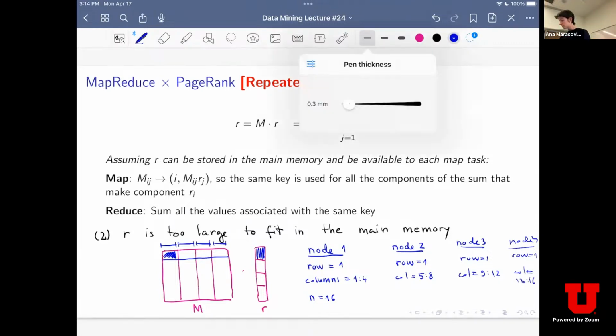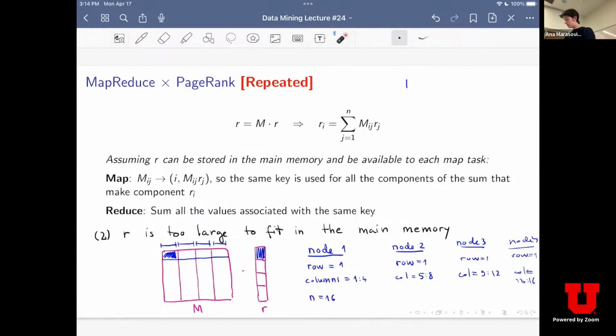And now here, from vector R, you would have R 1 to 4 and R 5 to 8 and R 9 to 12 and R 13 to 16.